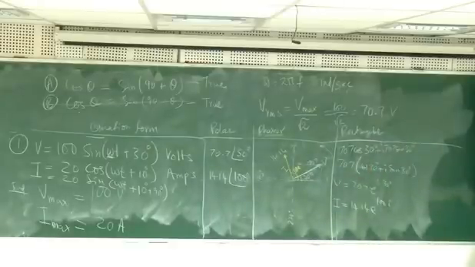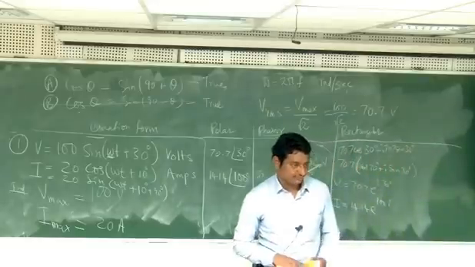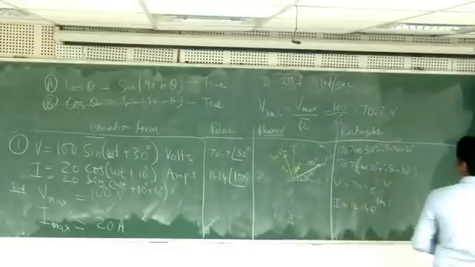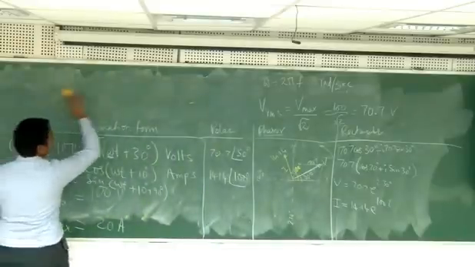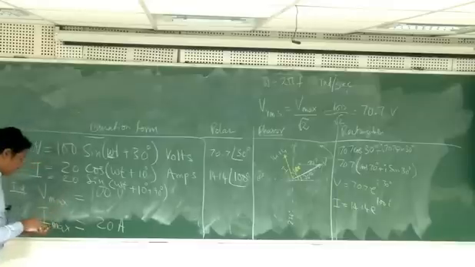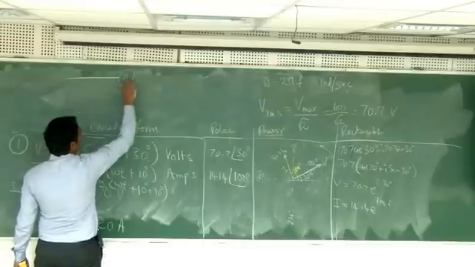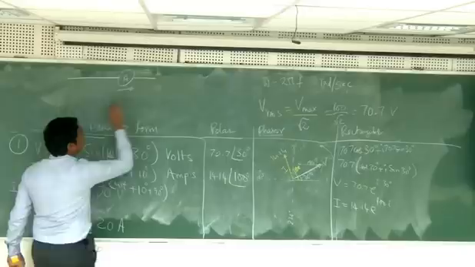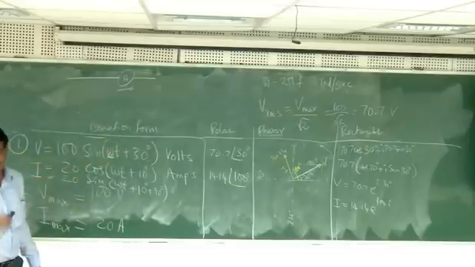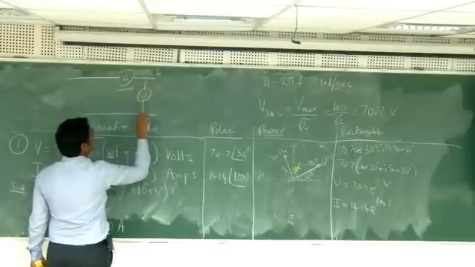Last, the last point is: is the system capacitive or inductive? I'll put the question in a different way. There is an ammeter measuring the current, and it is connected such that the current direction it measures is that way. So if the current is that way, it shows as positive. And there is a voltmeter which measures the voltage.